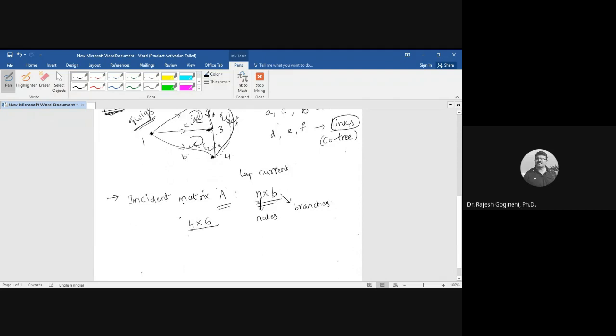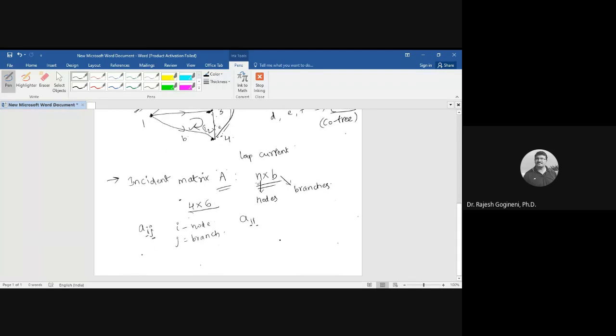Now the incident matrix entries. Suppose we write one entry of the incident matrix, Aij, where the first suffix i represents the node, the ith node, and the second suffix j represents the branch. If you write A11, the first element of the incident matrix, the first suffix represents a node and the second suffix represents a branch.